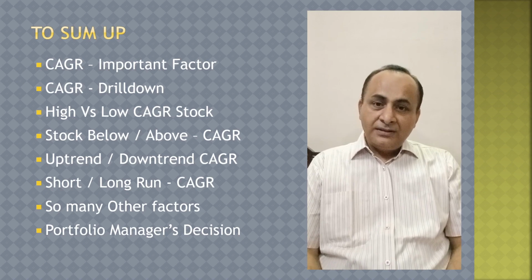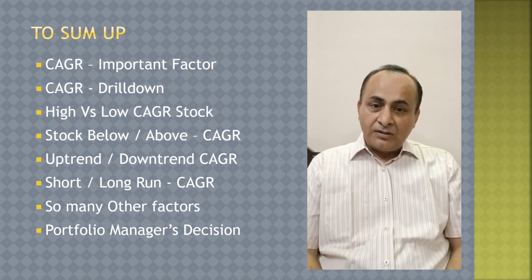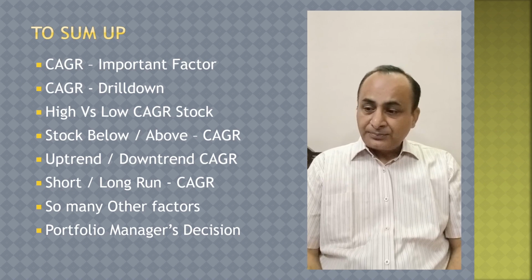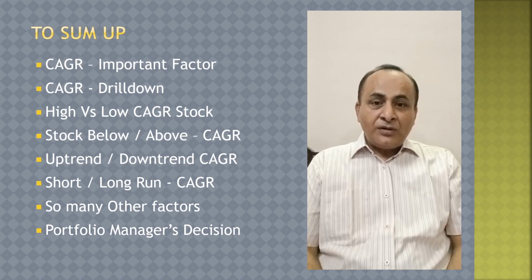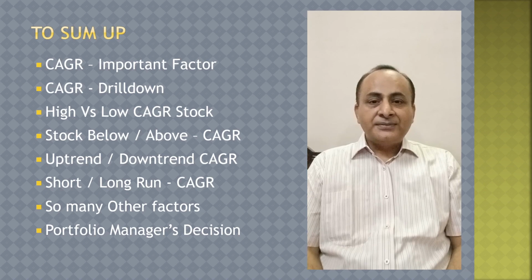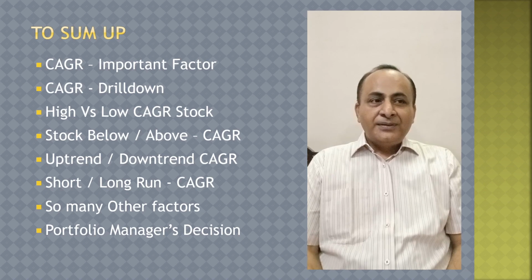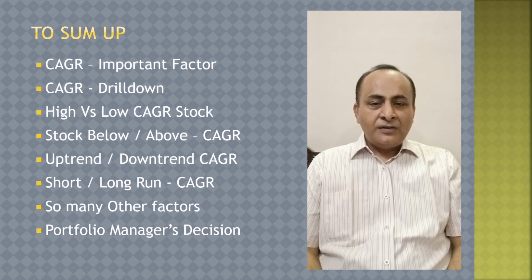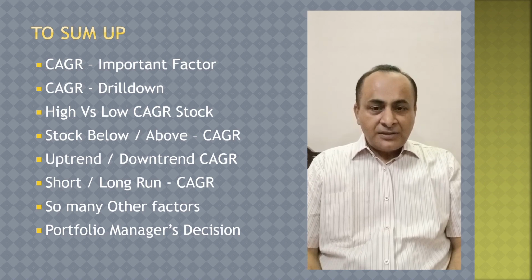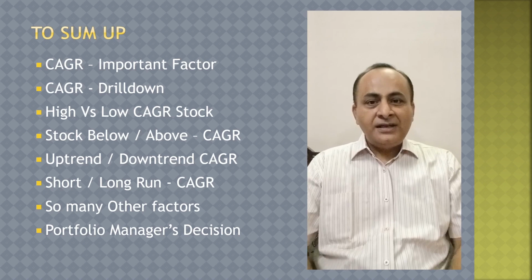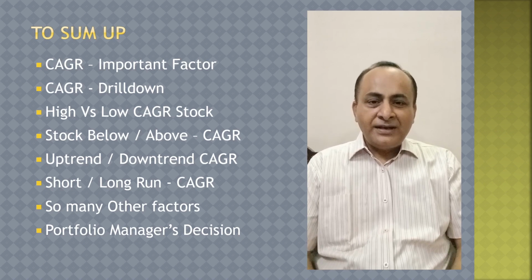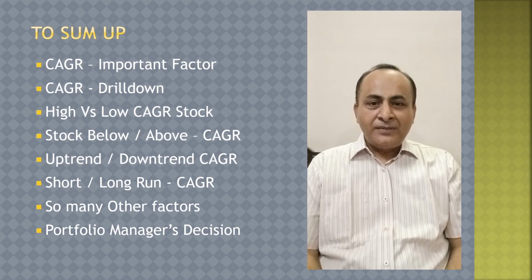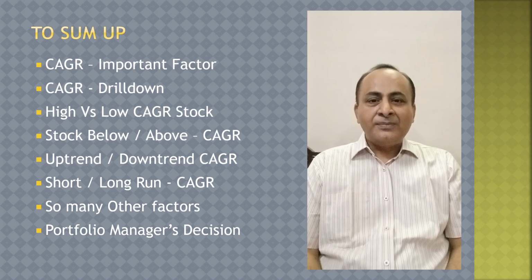You want to see your time horizon, long term or short term. So this is what CAGR is. CAGR is not the only factor, but it's a very important factor. Within CAGR, if we examine it in detail, there are so many considerations to keep in mind before we start buying a stock.